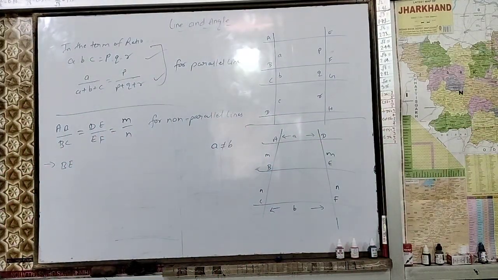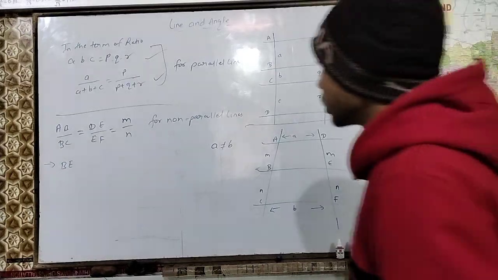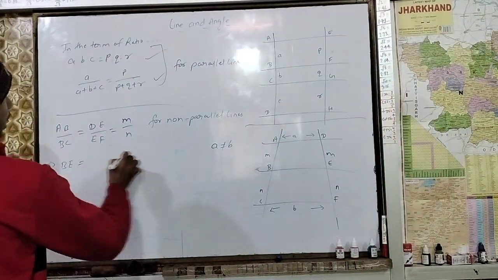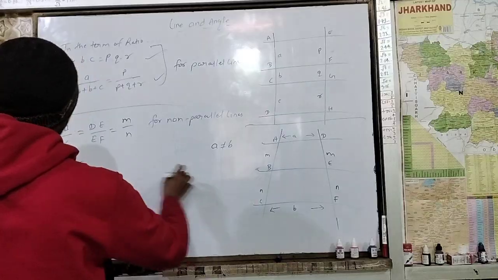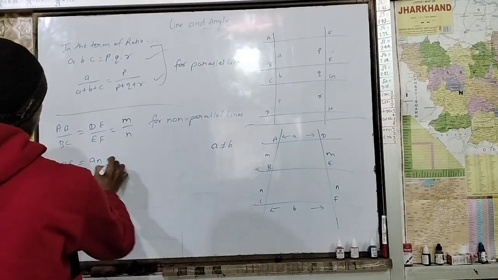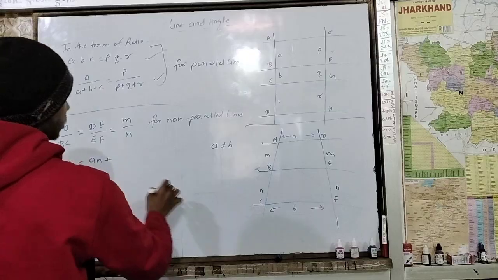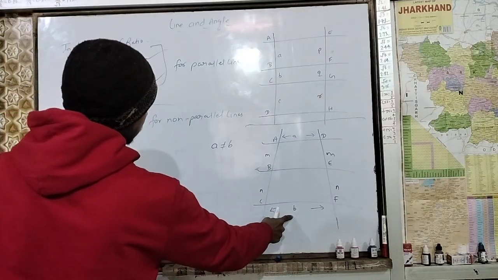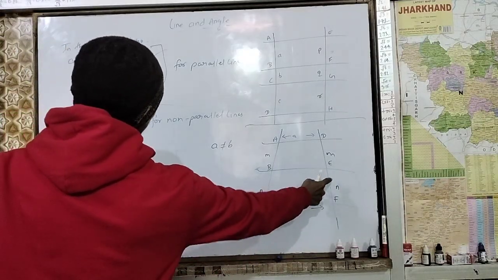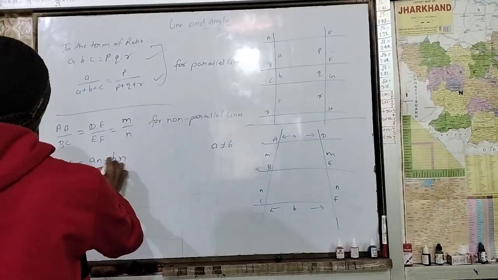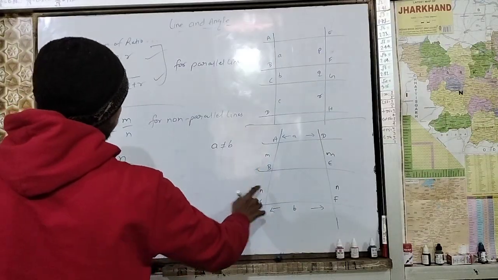To calculate BE, this will be equal to A into N plus B into M upon M plus N.